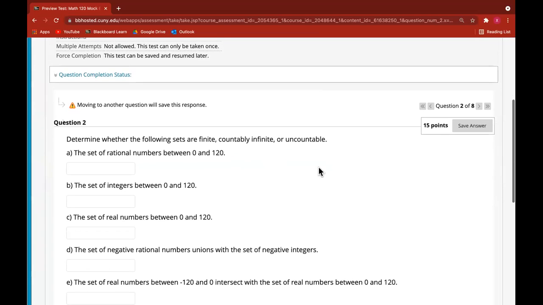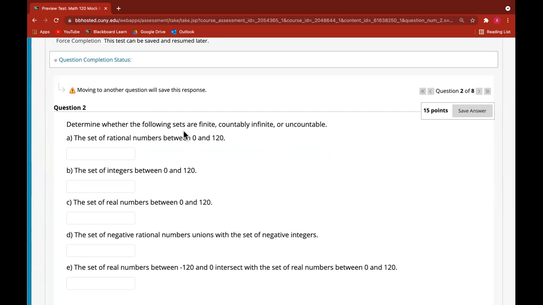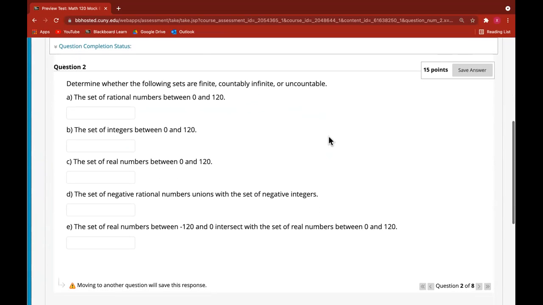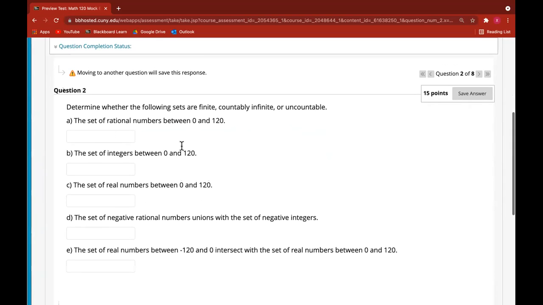Okay, next one. Now it asks you to determine which of the following sets are finite, countable, infinite, and uncountable. If you look at the first one, the set of rational numbers between 0 and 120. Well, is the set of rational numbers countable? We did that in class, right?